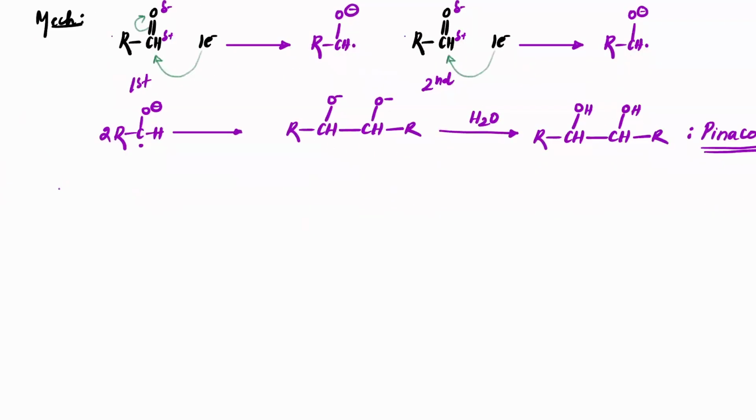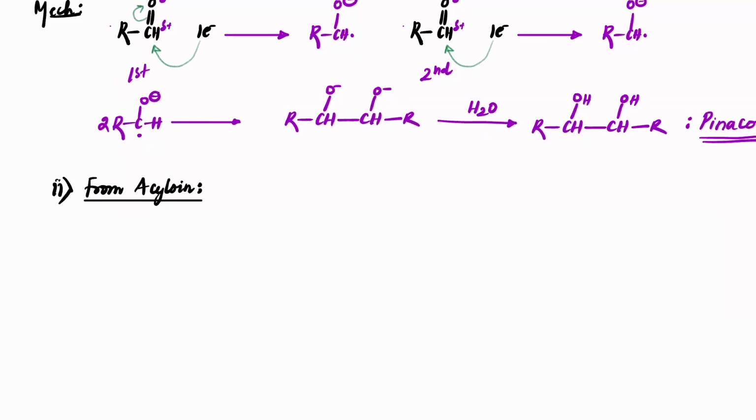Second reaction, let's see. This is from acyloin. Acyloin by structure is R, C double bond O, CH, where one alcohol is already present, and R here.